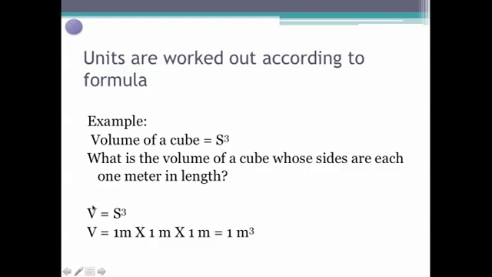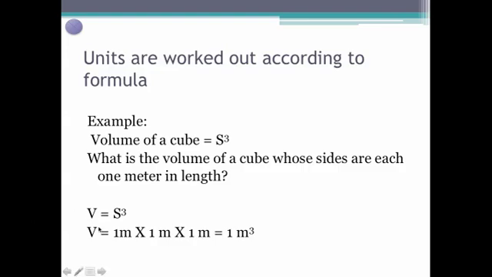So I could write the formula as the volume of the cube is equal to the side cubed, and if I were told that each side is 1 meter in length, then I can fill out the calculation by saying it's 1 meter by 1 meter by 1 meter. What is my answer?